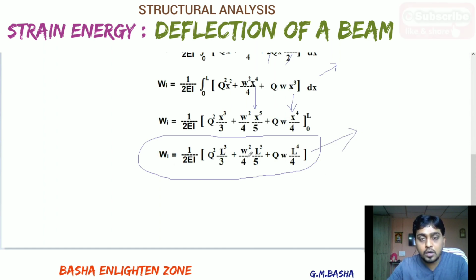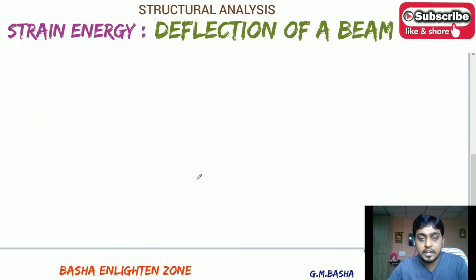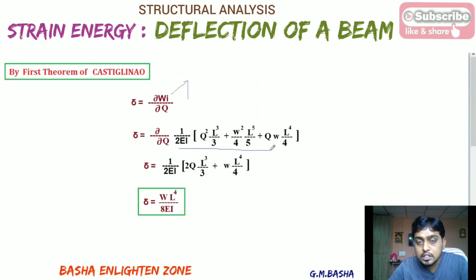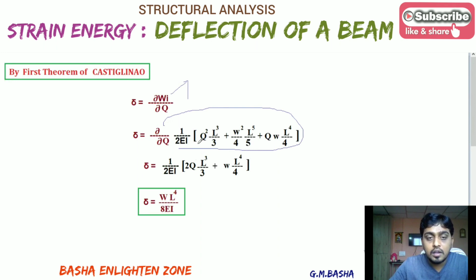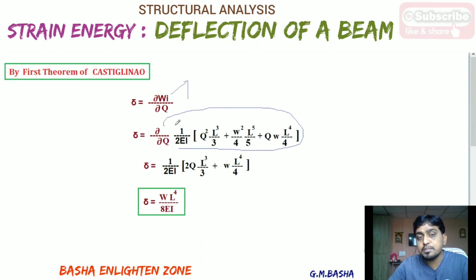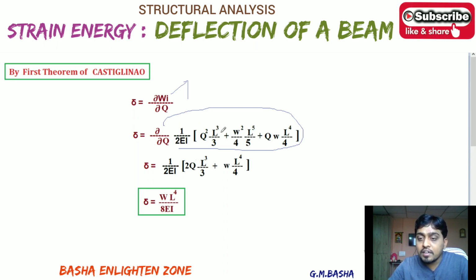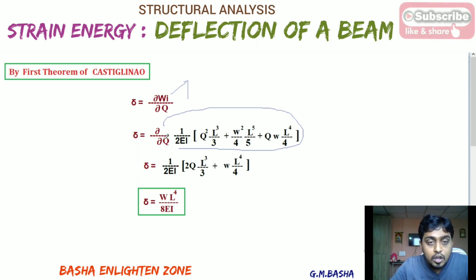So take the entire equation, that is 1/2EI up to here. I take the entire equation here, and again partially differentiate with respect to Q. So in the next step, whatever the Q terms here, I am partially differentiating with respect to Q. See here, ∂/∂Q, 1/2EI common outside, Q²L³/3.